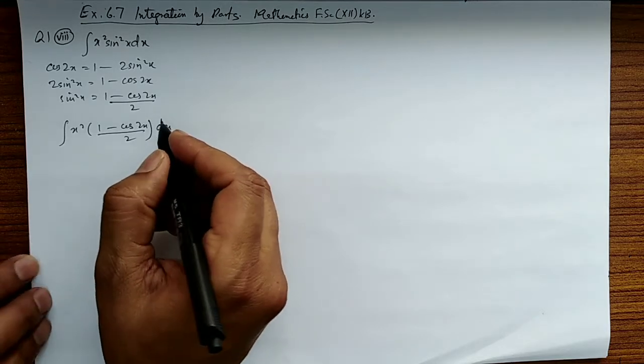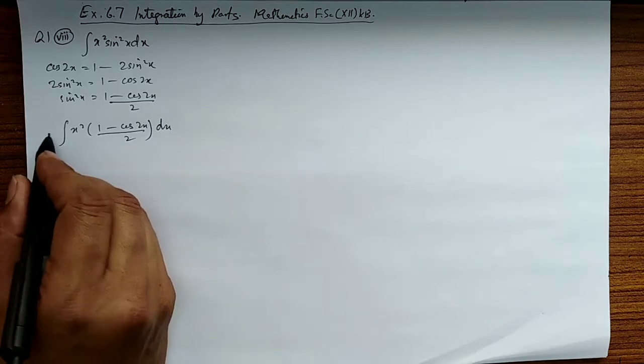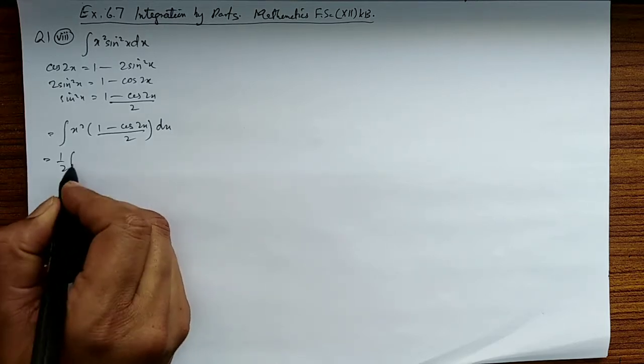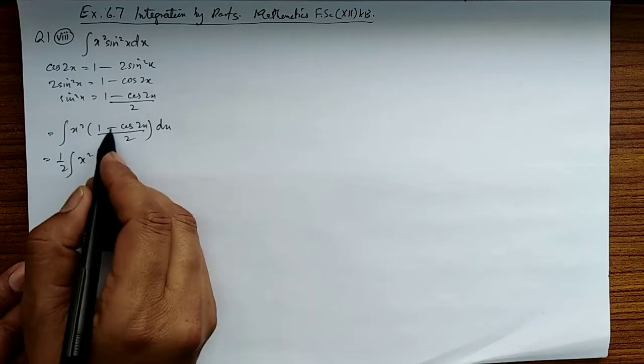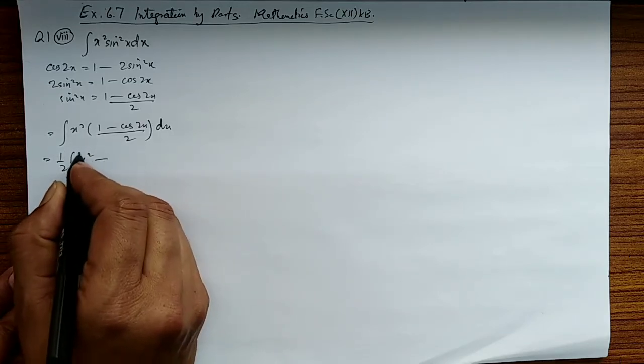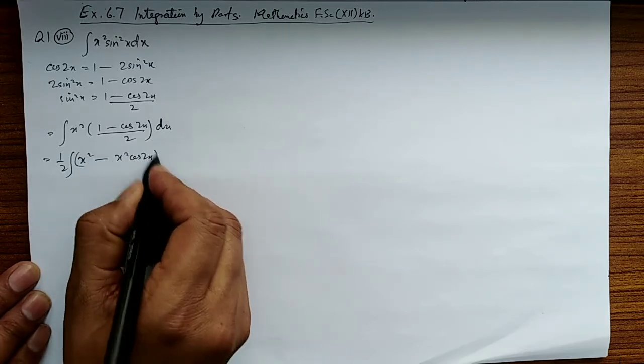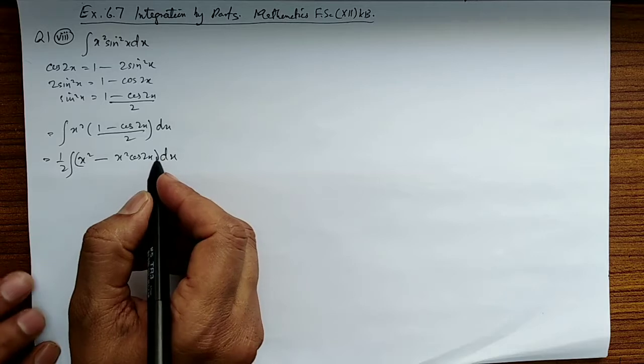dx. So now shifting this 2 outside the integral and multiplying this x square inside, this will become x square cos 2x dx.